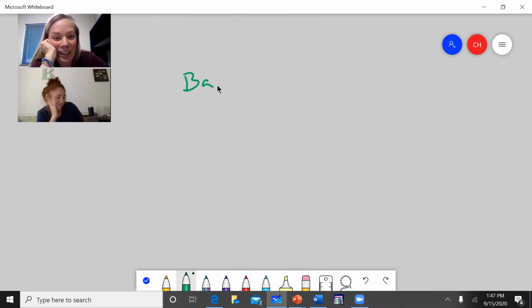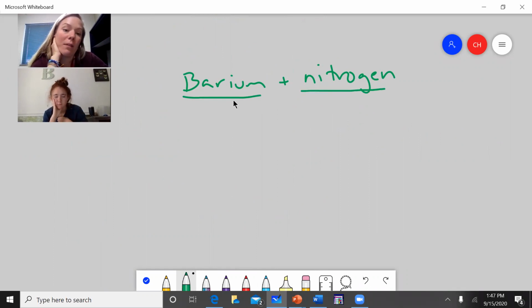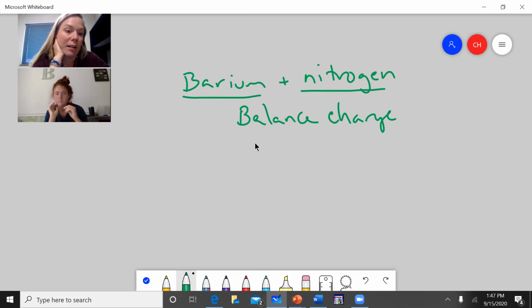So we have barium, and we're going to combine it with nitrogen, right? So this is a metal and this is a non-metal. Remember that when we have metals combining with non-metals, we have to balance the charge. The overall positive charge coming from the metal has to equal the negative charge coming from the non-metal.